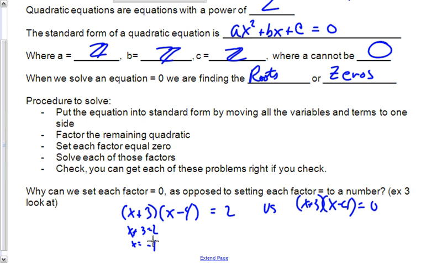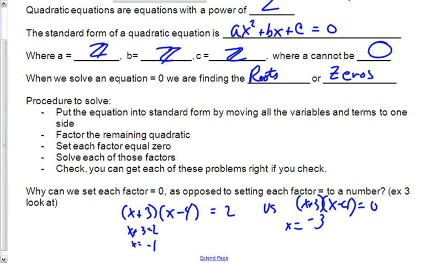Well, if you plug that in, that makes the left factor 2, but it makes the other factor negative 5, which isn't 2. Over here, though, if you set x plus 3 equal to 0, you get x equals negative 3, and you plug that in, you do get 0. It's the zero property: anything times 0 is 0. So it only works when it equals 0, and that's a big deal.